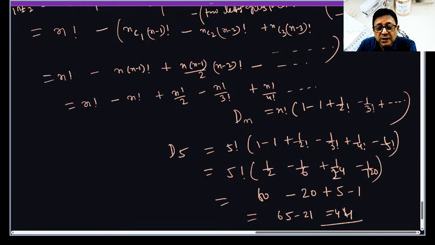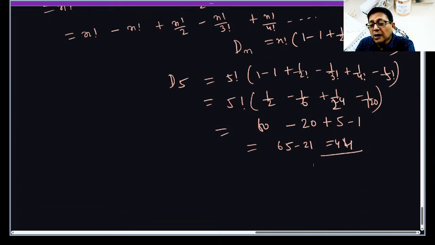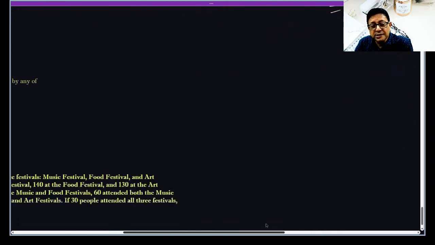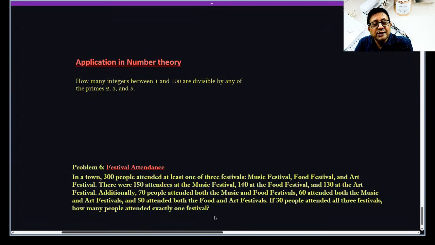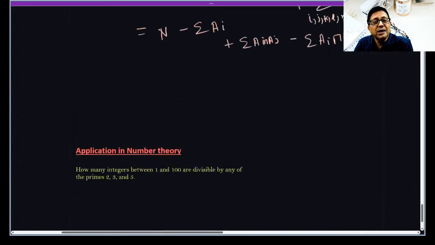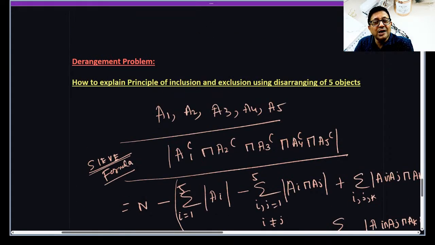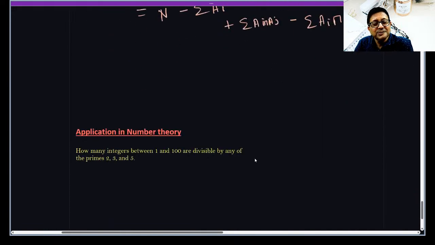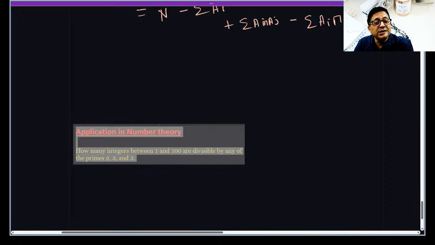Okay. Now another kind of application may be there by using this principle of inclusion and exclusion. The question is something like this.